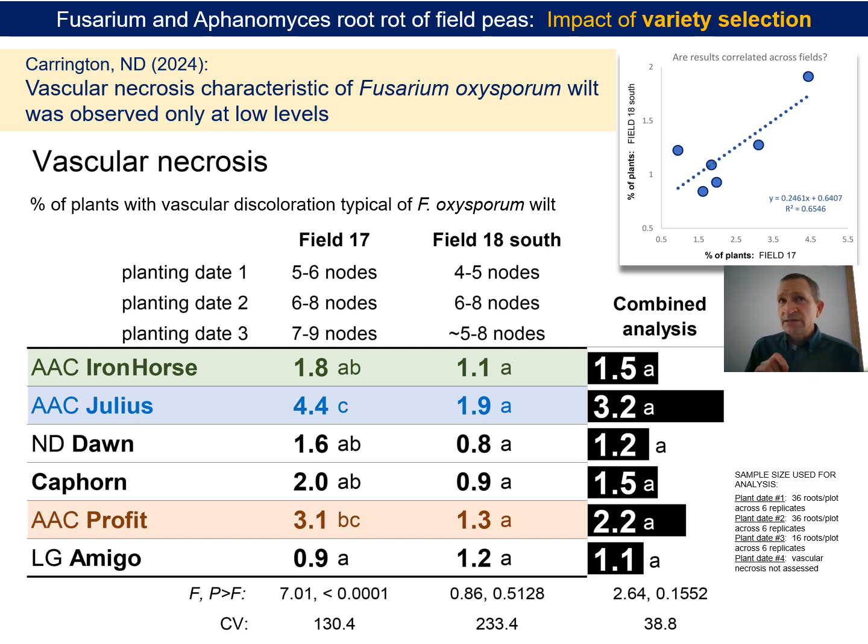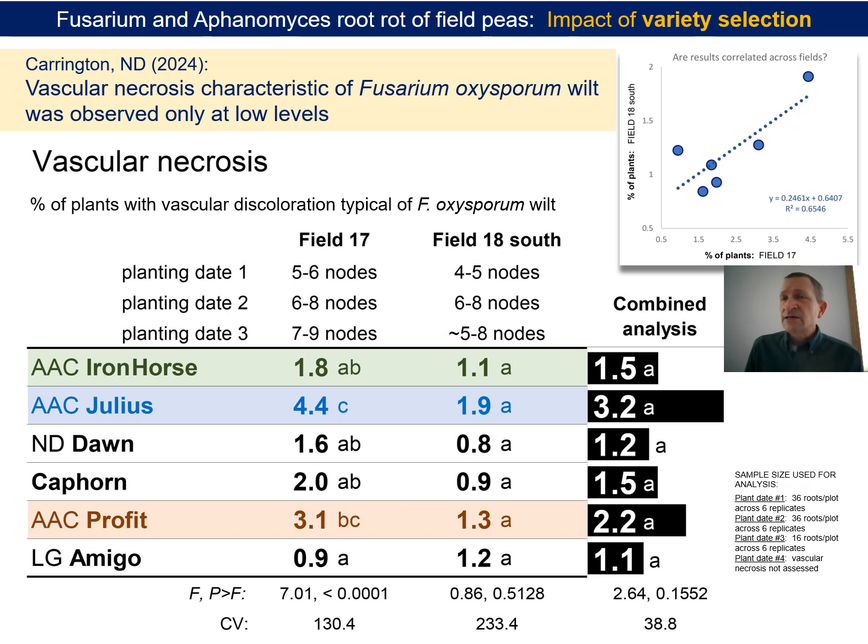In this case, what we did was we looked at the incidence of the vascular necrosis characteristic of Fusarium oxysporum in each of these varieties in the upper epicotyl, where those symptoms are generally the most severe.